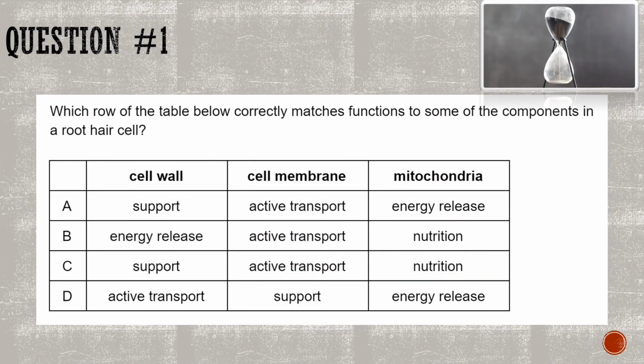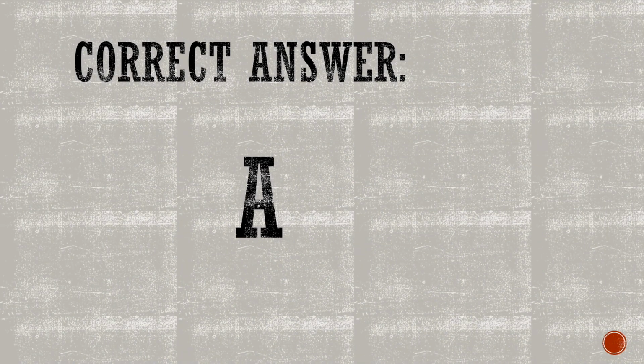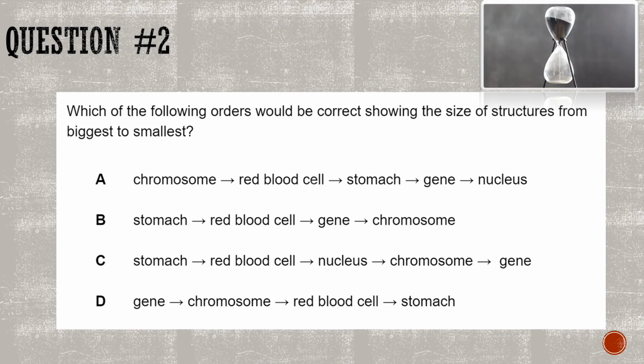Question 1. Which row of the table below correctly matches functions to some of the components in a root hair cell? The correct answer is A. Question 2.